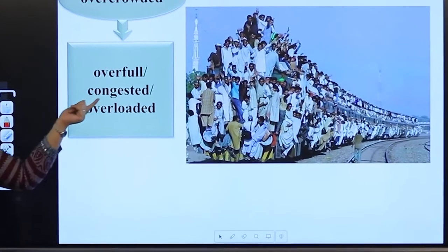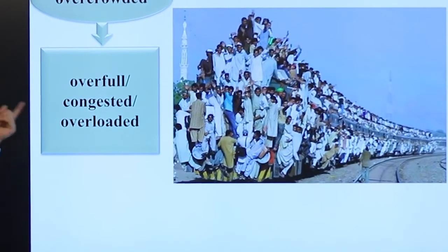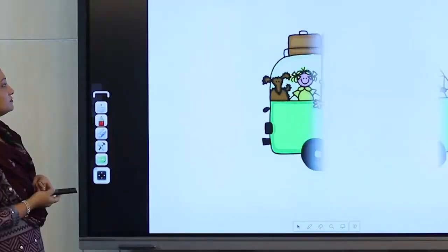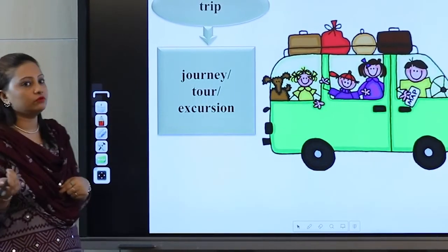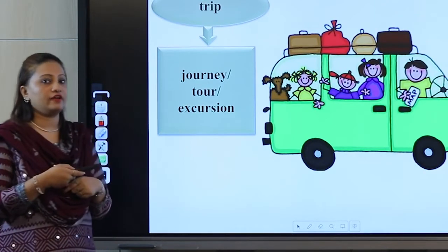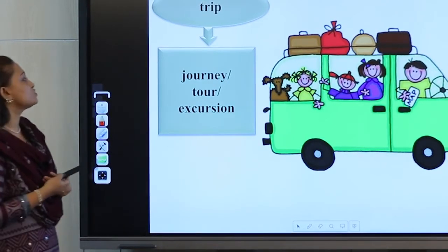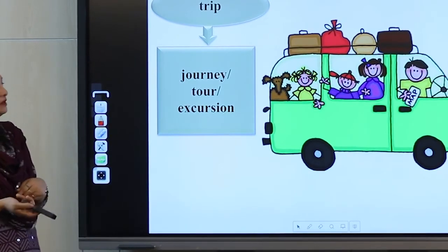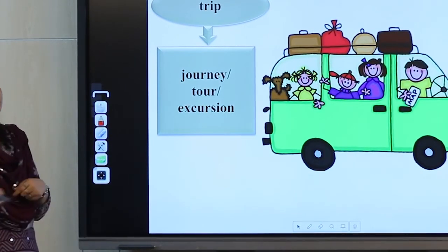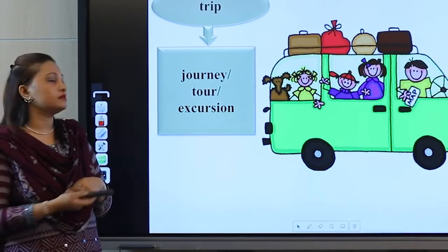This is the condition of the rail in Bangladesh. And trip, I think all of you know this word and are familiar with it, means journey, tour, excursion. These are the hard words from lesson 1.